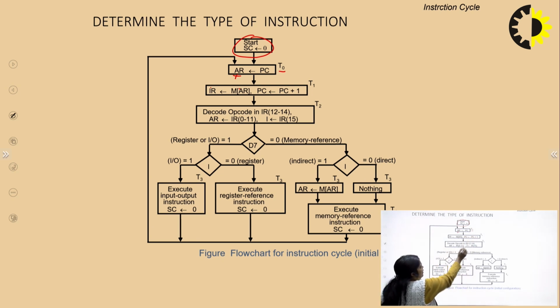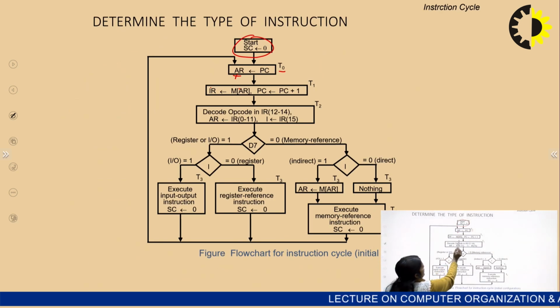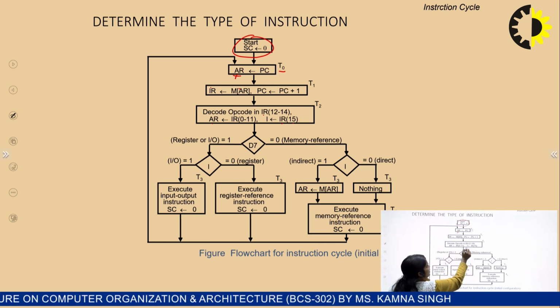Next, whatever we are discussing here, that is what? The instructions. IR is 15 and IR of 12 to 14 is D0 to D7. This is here. In the decode operation, IR 12 to 14 is going to here. Next, IR 0 to 11 is going to the AR and the IR of 15 as an I mode.